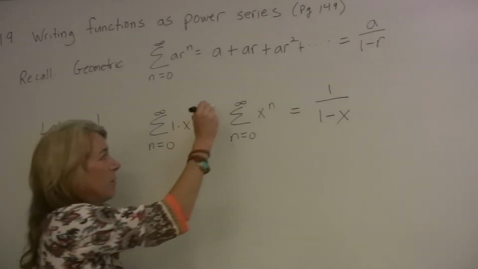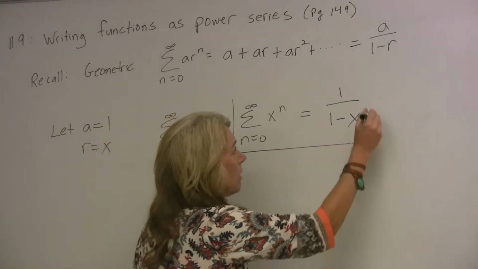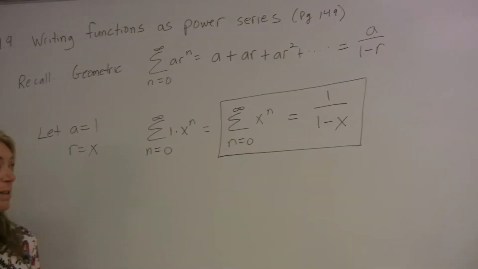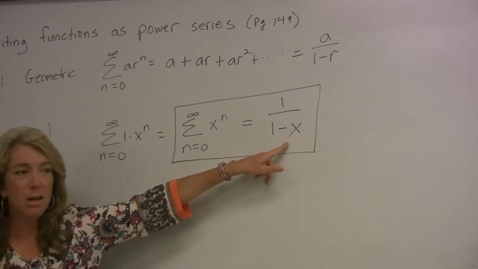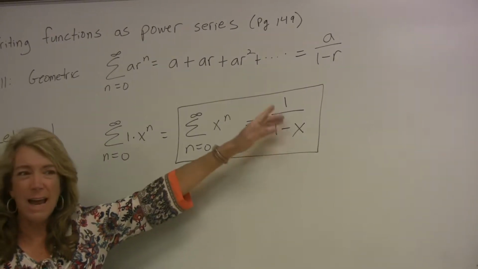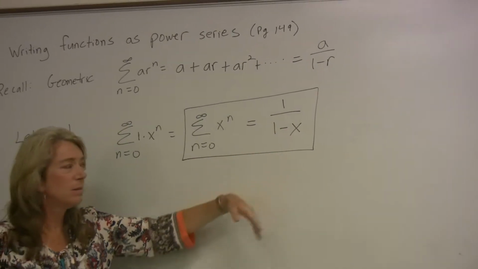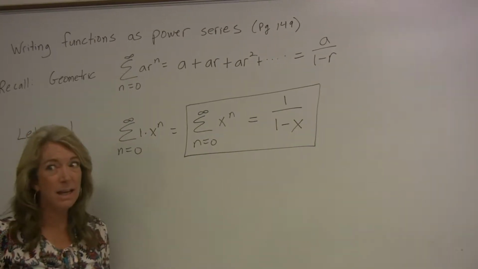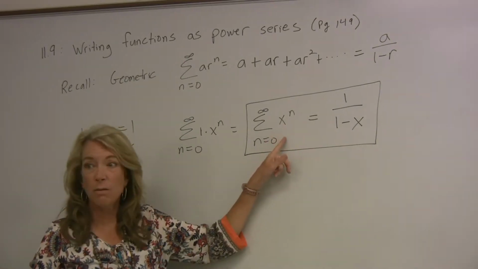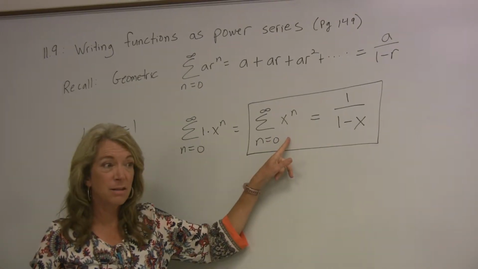So this statement right here is our reference for this entire section. What this statement tells us is you can give me a function, a rational function. If you want to graph this function, it's got an asymptote at x equals 1. It doesn't look anything like a polynomial if you go to graph it. But it's actually equal to an infinite series.